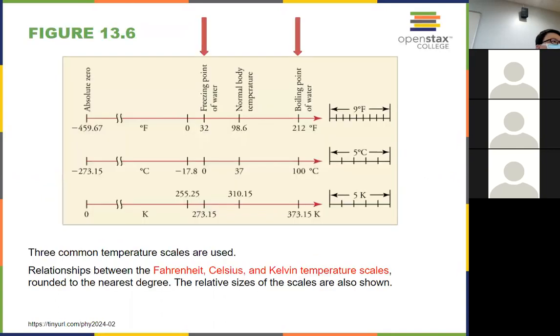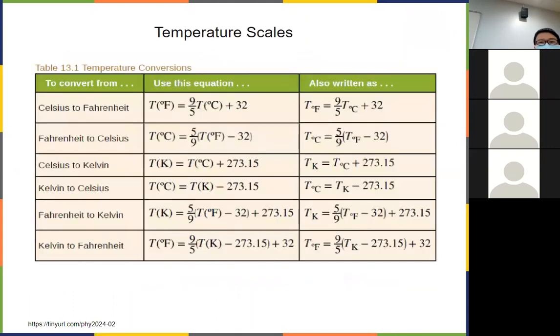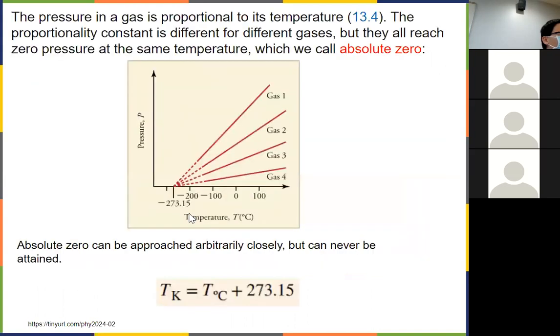And we talked about different scales. You can convert from one to another, so the formulas you need, you can find them here. This is from Celsius to Fahrenheit, or the other way around, and also from Celsius to Kelvin, from Kelvin to Fahrenheit, and all the other ways around. We also talked about the low temperature: there's a limit of 0 in Kelvin.